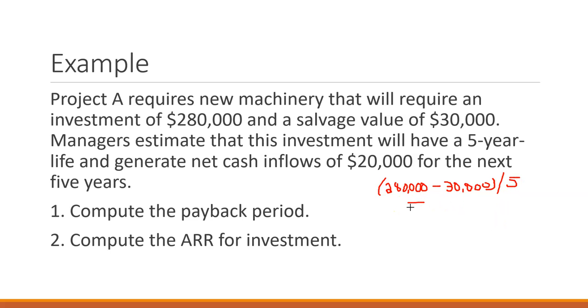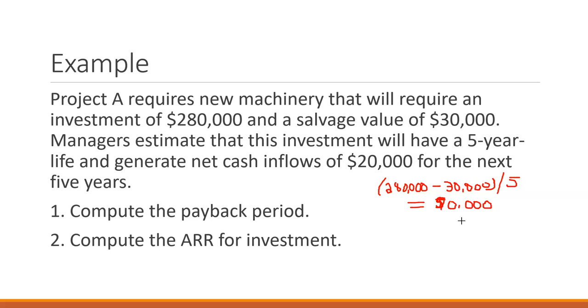And that gives us a depreciation expense every year of, sorry, it's $50,000. The cash flows are $50,000. Then we're going to add that to our $20,000 cash inflows to get net cash flows for this project of $70,000.